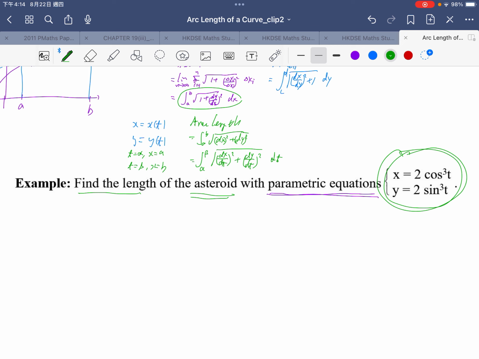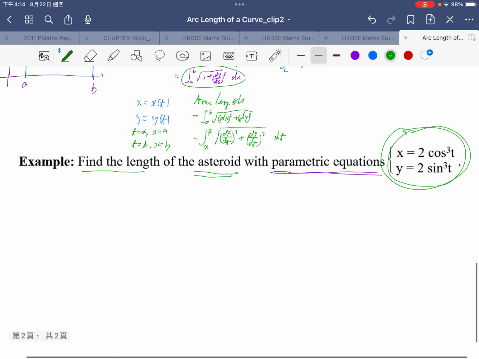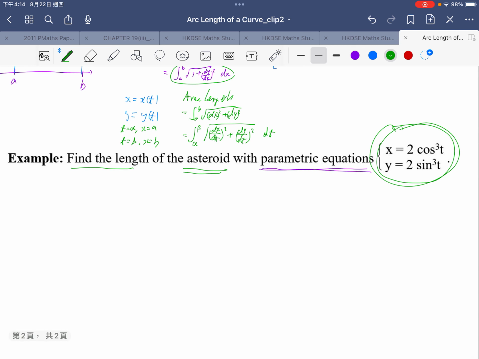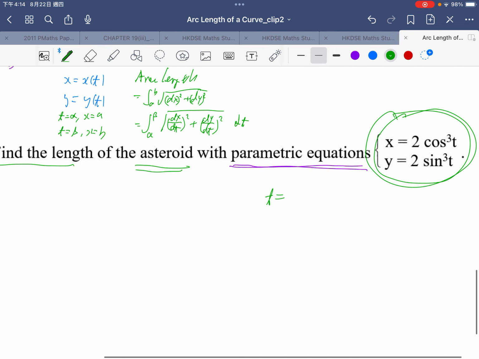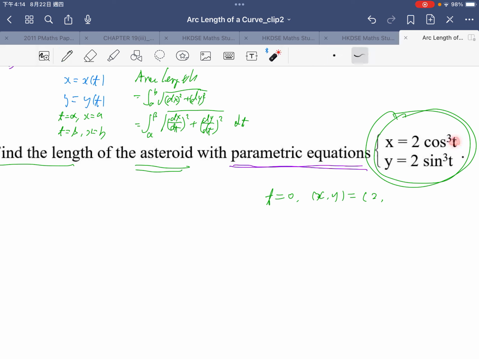Here I plot t equal to 0. Then x and y: x equals 2 cosine 0, which is 2, and y equals 2 sine 0, which is 0.